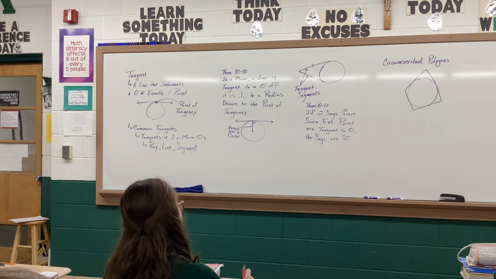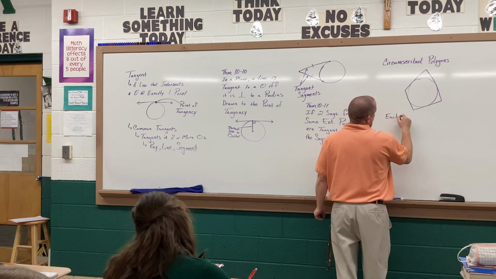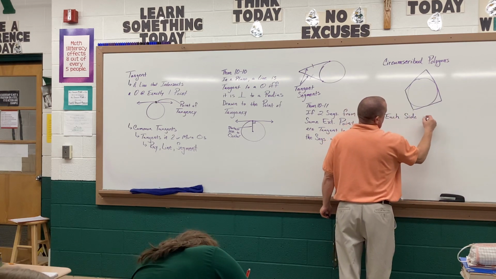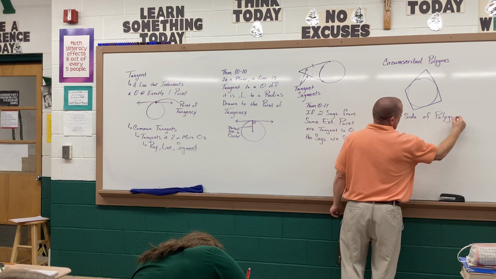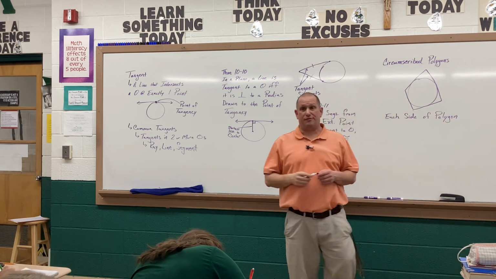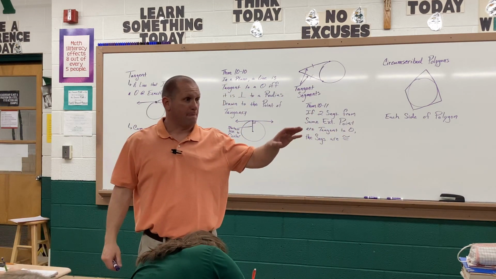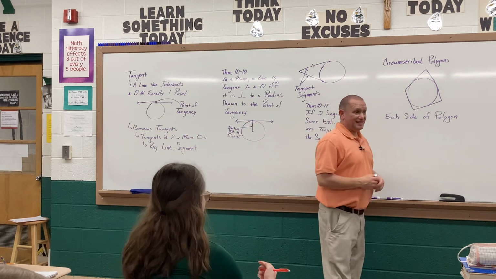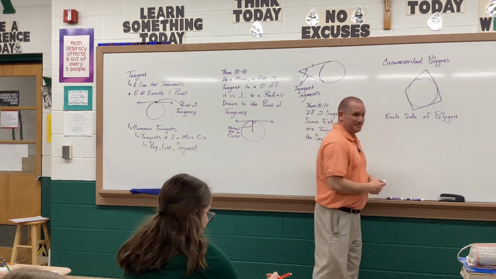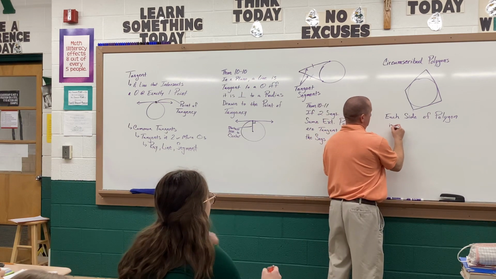Each side of the polygon, and it doesn't really matter what you draw. You could draw whatever you want. You could even draw a five-sided octagon or a five-sided stop sign. Yeah, they exist. They exist.